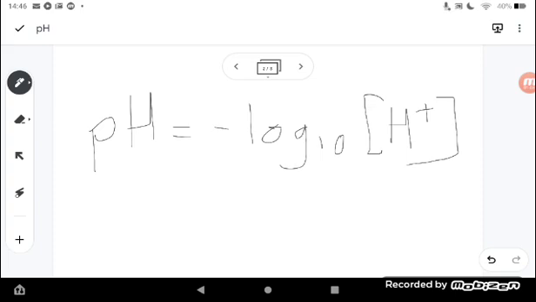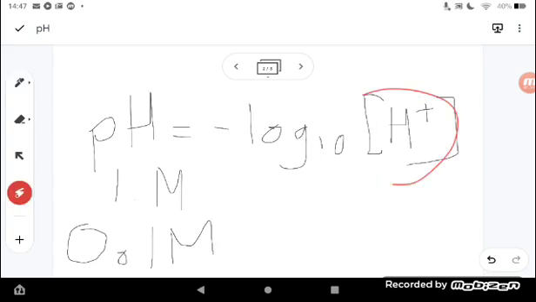If I give you an example, if I have, let's say, 1 molar as a concentration of hydrogen ions, and I dilute it by 10, so it becomes 0.1 molar of hydrogen ions, what will happen to the pH is it will go up by 1. So I've decreased the concentration by 10, which has meant that the pH has gone up by 1.